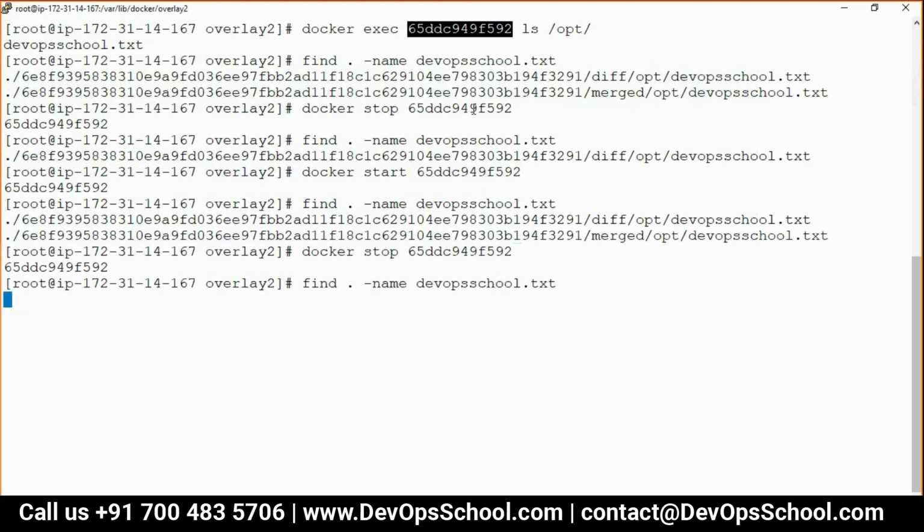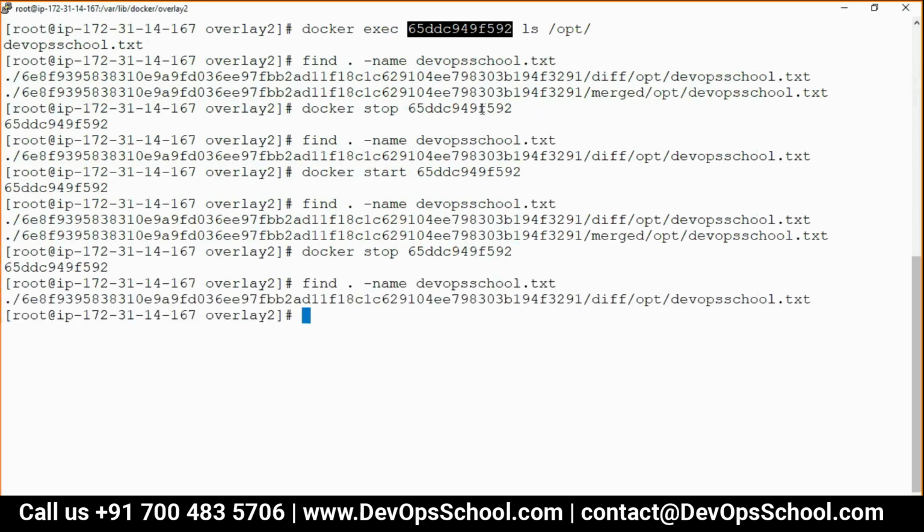Find the file. One. So even if you stop the container, the file is saved. How come it's two, when you start the container you get the same file in two places? That is a different question. But the question is, did you lose the file? No. Stop the container, I did not lose the file.